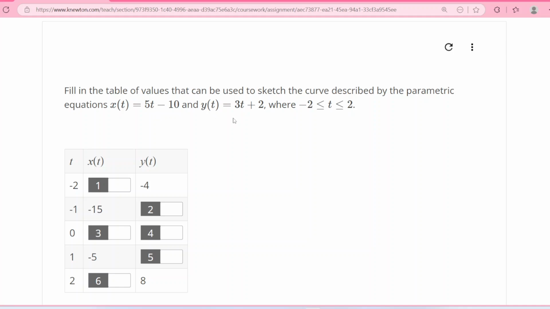They would call t a parameter, and x and y, the x coordinate of your position on the xy plane and the y coordinate of your position on the xy plane, both depend on this parameter t, right? So for each value of t, you're going to be at a different location on the xy plane, and I'll show you that when we're drawing this stuff. Okay.